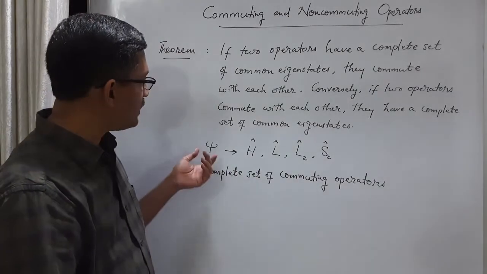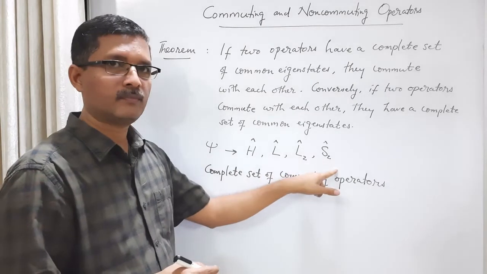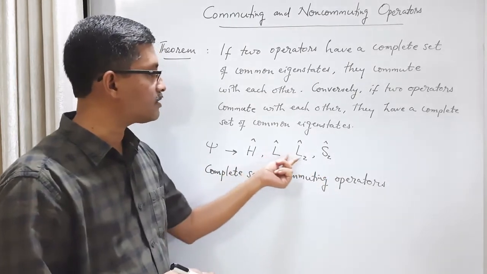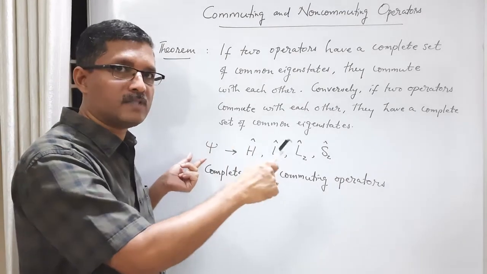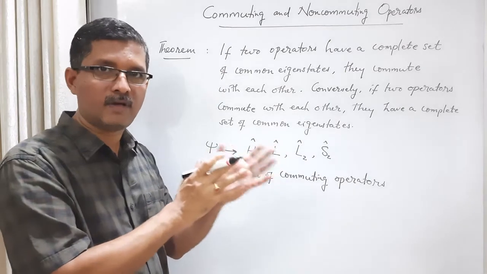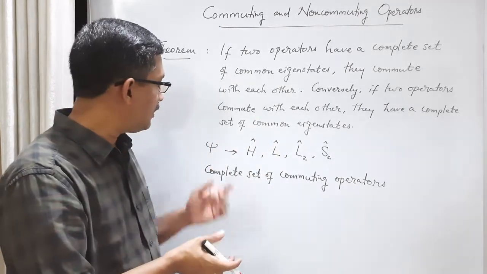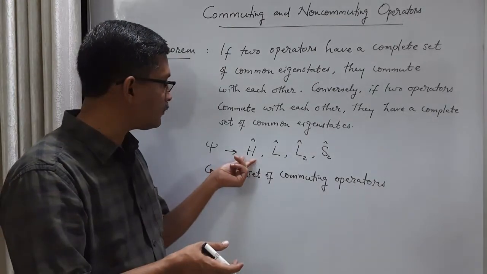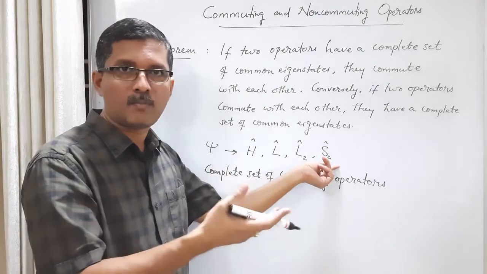And such states are labeled after their eigenvalues. We take the eigenvalues of this complete set of commuting operators and label the state in terms of them. Remember that any eigenstate is uniquely labeled after the eigenvalue of the operator. In this case, it's an eigenstate of the Hamiltonian, the angular momentum operator, the z component of the angular momentum operator, and the z component of the spin operator.